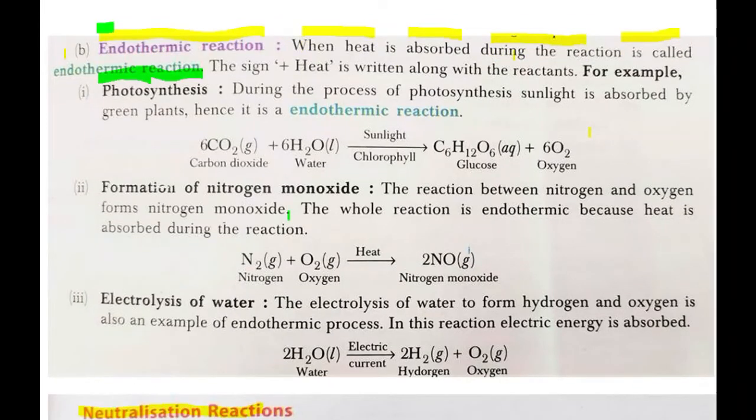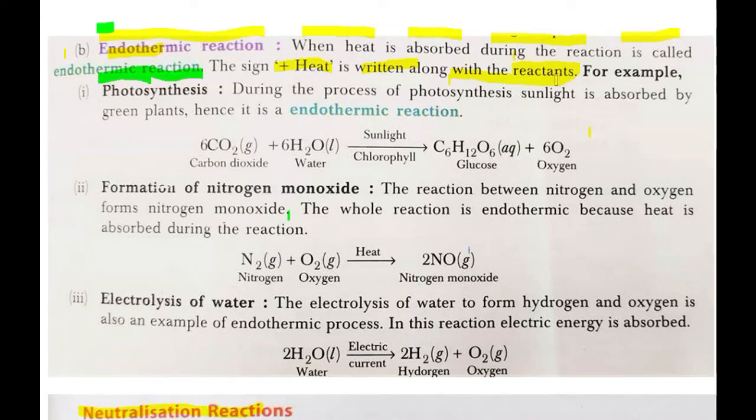In endothermic reactions, the plus sign with heat is written along with the reactants. Remember this: in exothermic reactions, we write plus heat along with the products, but in endothermic reactions we write plus heat along with the reactants.